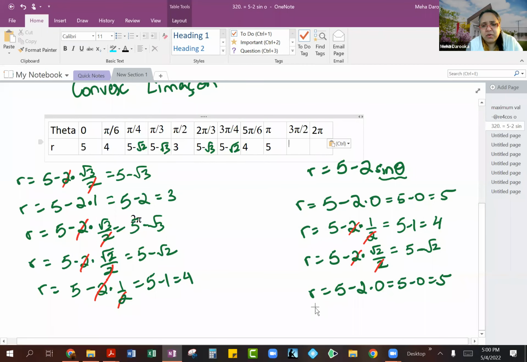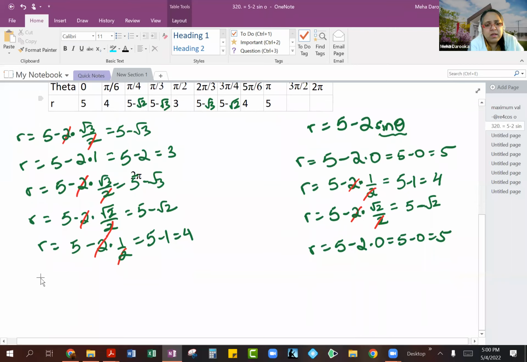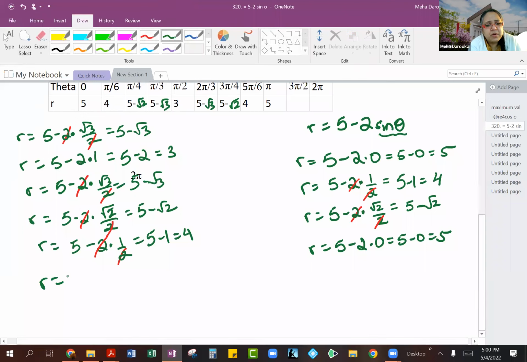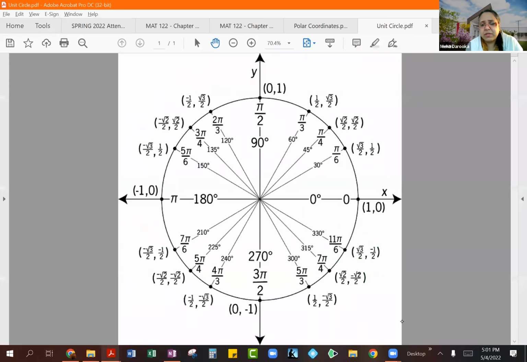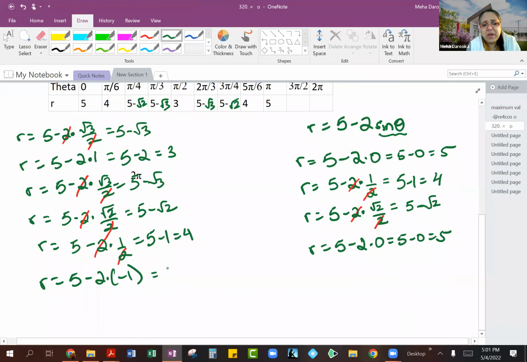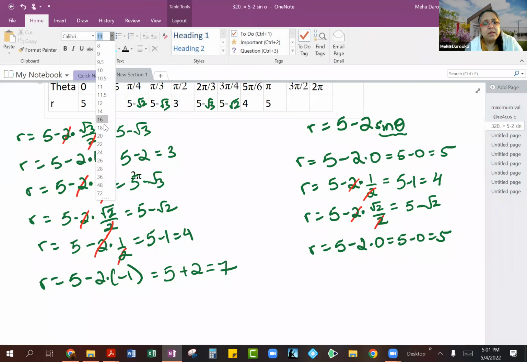Okay, so let's see, what do we get for 3 pi over 2? And at 3 pi over 2, your sine value is going to be -1. And that's actually where this changes. So you can see when I multiply -2 with -1, this actually ends up becoming +2. And here you will see we end up getting 7 as our value. And then what do you think will happen at 2 pi?